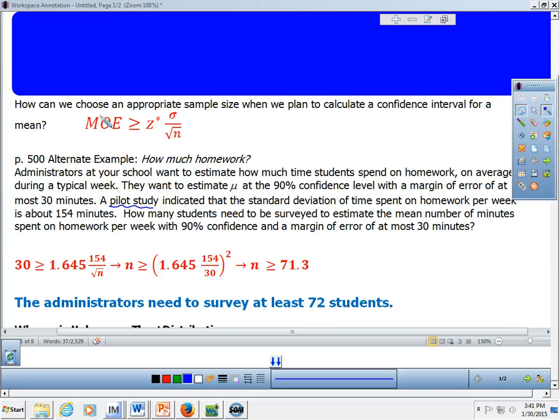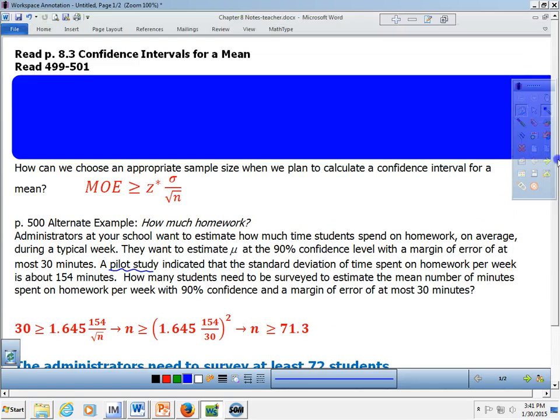come up with a sample size, we have to know the population standard deviation, right? Our standard deviation of our statistic comes from sigma, which is our population standard deviation. Well, think about that. We're getting ready to talk about estimating the population mean, which means that we don't know the population mean.